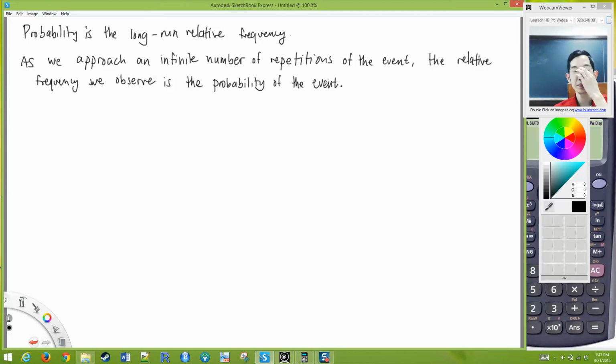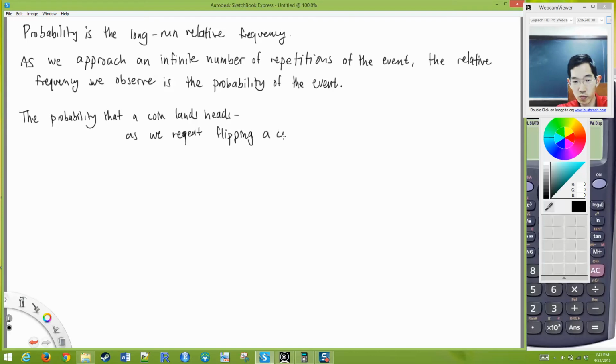Okay, so when we're talking about the probability that a coin lands heads, as we repeat flipping a coin to infinity, we expect the relative frequency to go to 0.5.